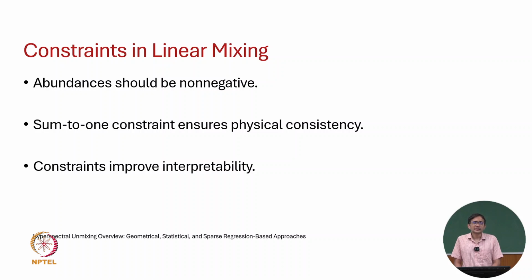However, this traditional linear mixing also shows several constraints, such as the non-negativity of the abundance, and that they should sum to 1, and these constraints improve interpretability in the case of linear mixing.